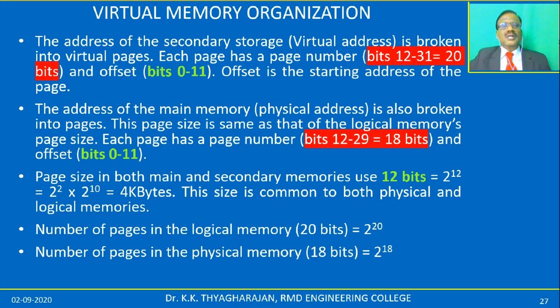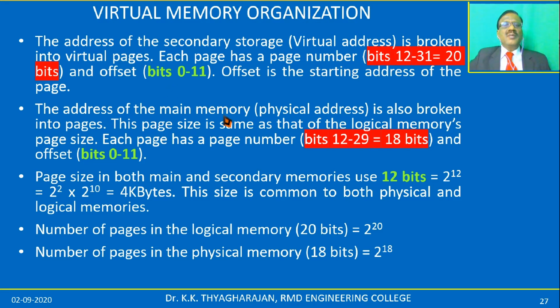In those 32 bits, bits 12 to 31 will be used to address the page numbers, and the remaining 12 bits, that is bits 0 to 11, will be used to address each location in the page. That is called the offset address. This offset address will indicate the starting address of the page.